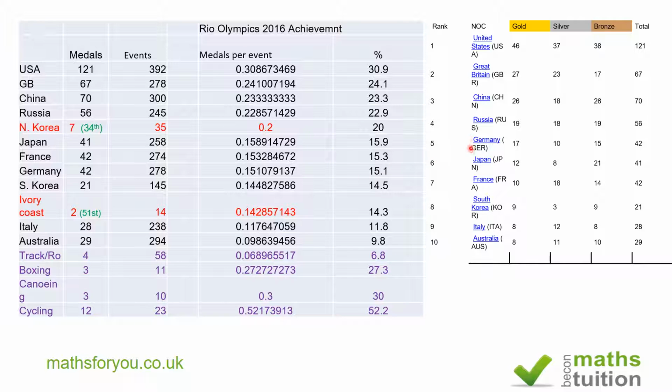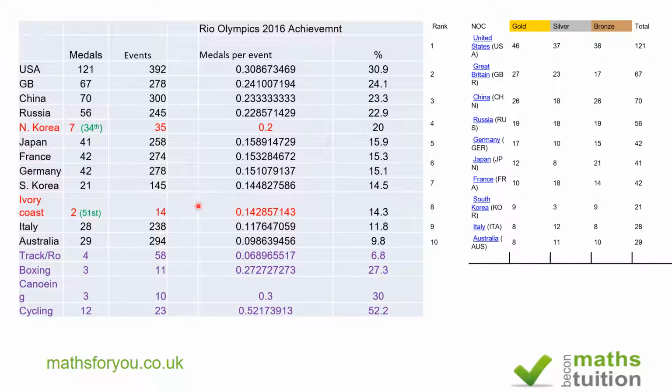And Germany comes above Japan there. Also in my ranking, France comes above Germany, but in the IOC's ranking, France comes below Germany there. Now, the last 3, South Korea, Italy, and Australia, agree with the IOC's ranking of South Korea, Italy, and Australia.